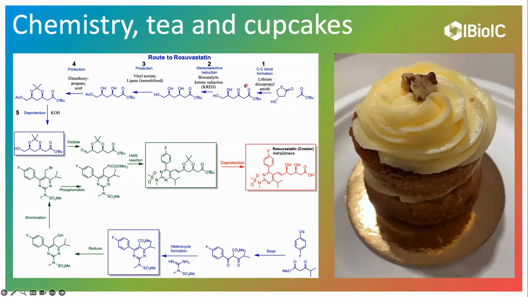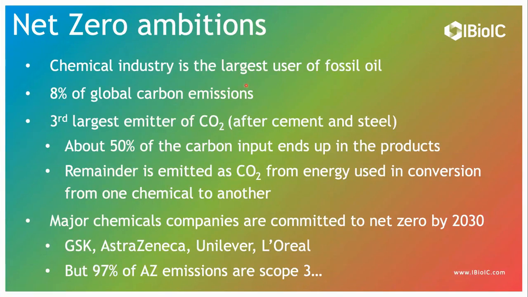And the most important of them is that the chemical industry is the largest user of fossil-based materials: fossil oil, gas, and coal, actually. I read yesterday in a report that the chemical industry is associated with 8% of global carbon emissions. And in fact, it's the third largest emitter of CO2 after cement and steel of industrial outputs.